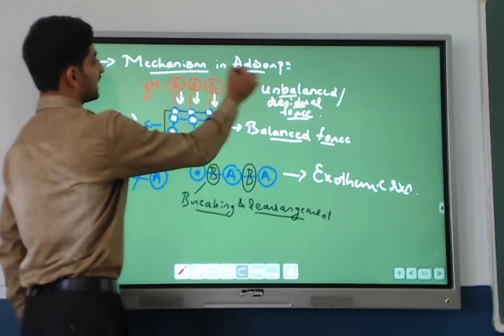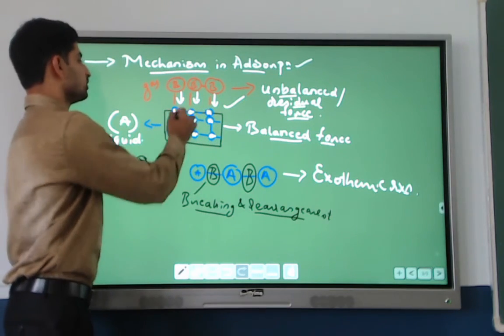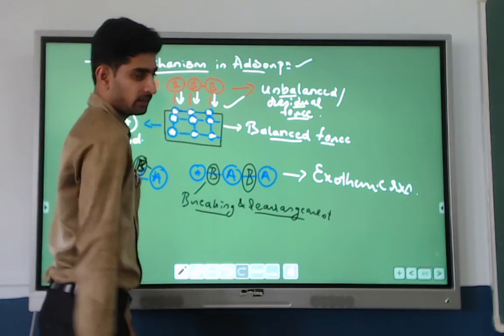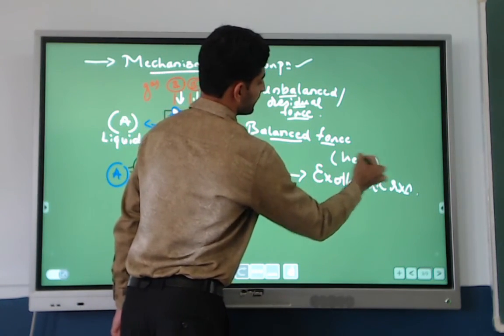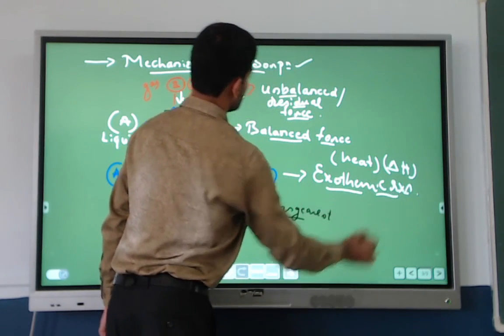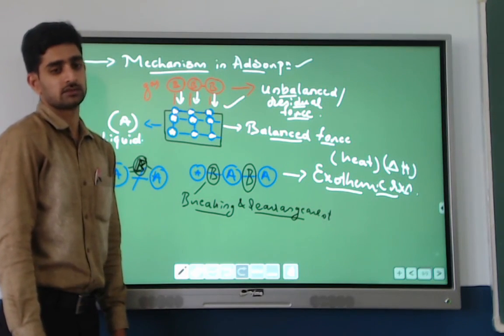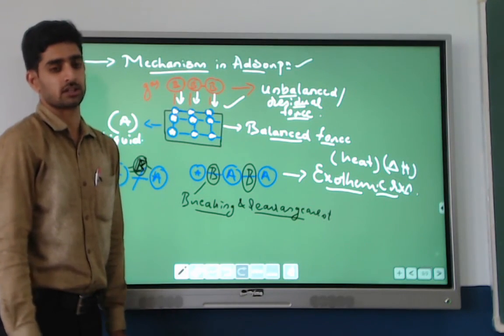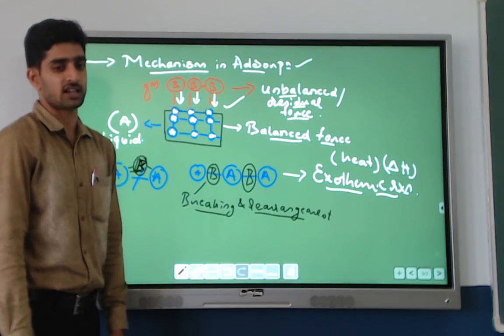That's why adsorption takes place only on the surface. During this breaking and rearrangement, some heat energy is released, that is delta H. For that reason, adsorption is called an exothermic reaction. Okay, so the remaining concept we will study in the next class. Thank you.